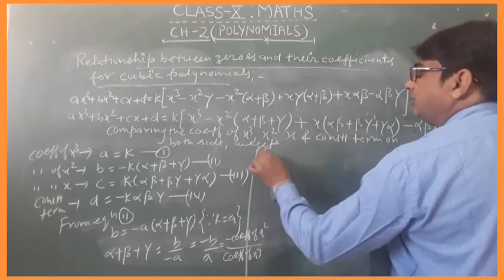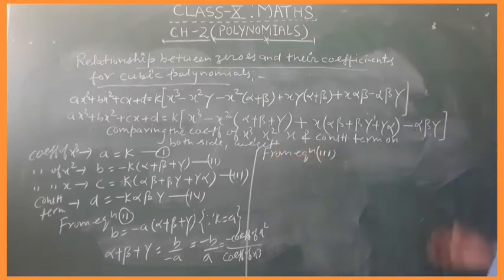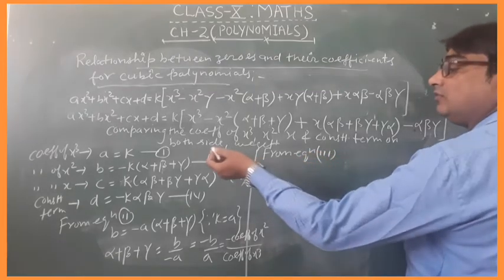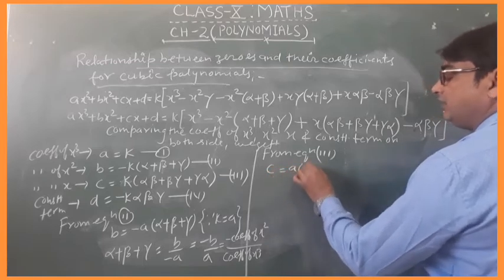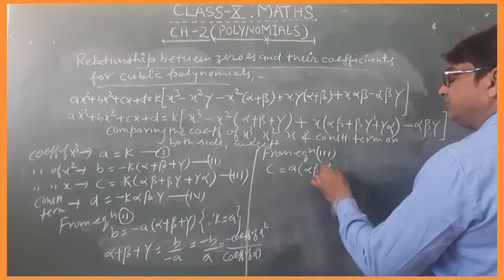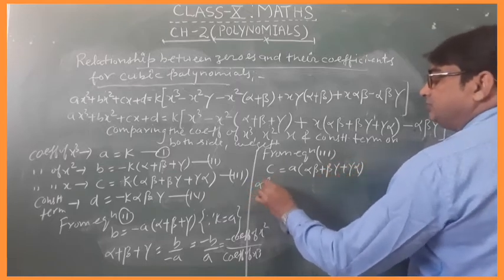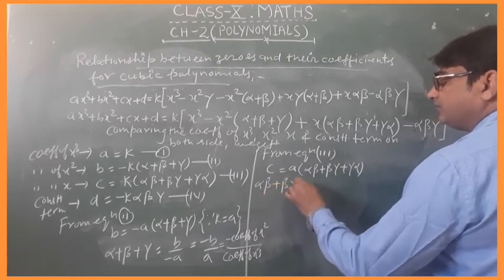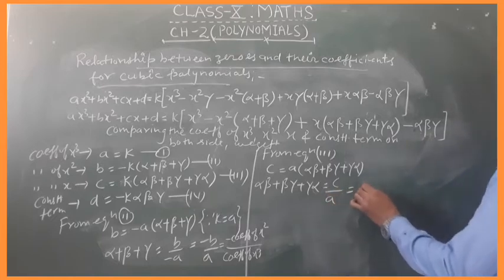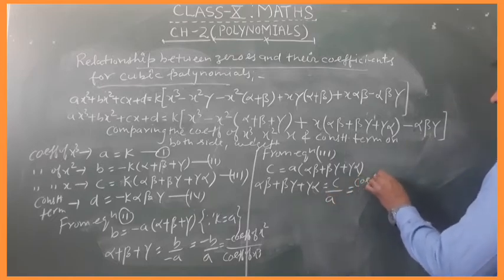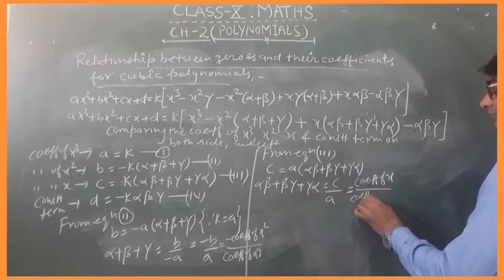And from equation third, what we get? c is equal to a(αβ + βγ + γα). It means αβ + βγ + γα is equal to c/a. c means coefficient of x upon coefficient of x³.